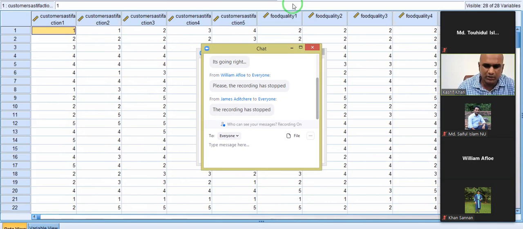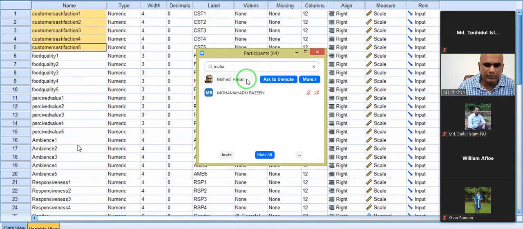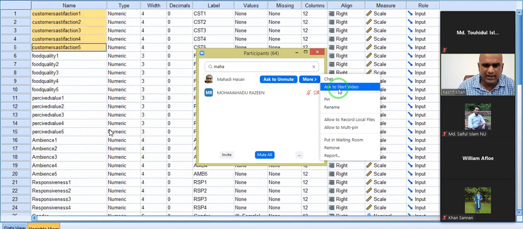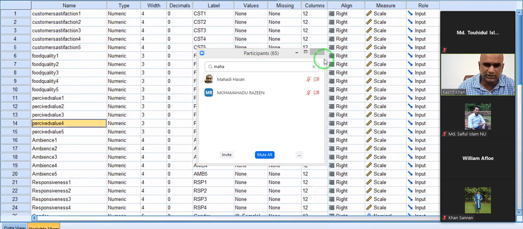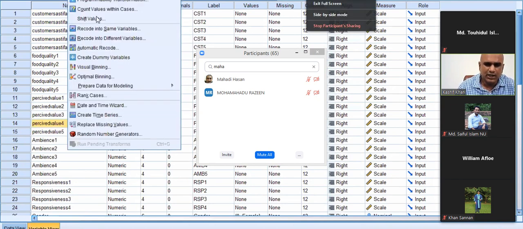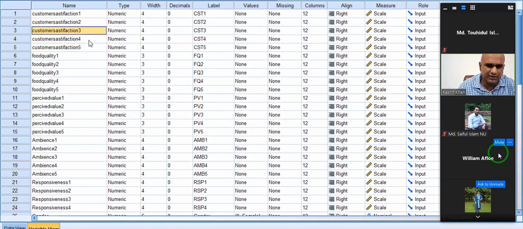So how can we do it? Before we check whether the data is normal or not, let's go to transform and create new variables, which will actually be the average of these. So the average of all the responsive satisfaction items will be one average.